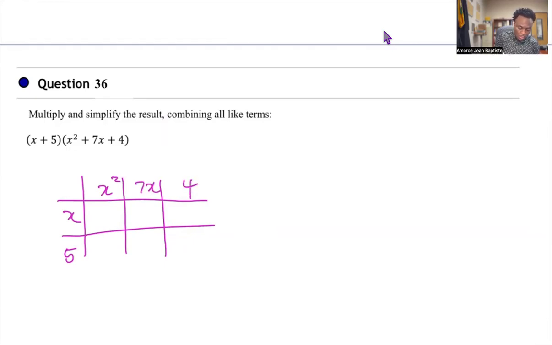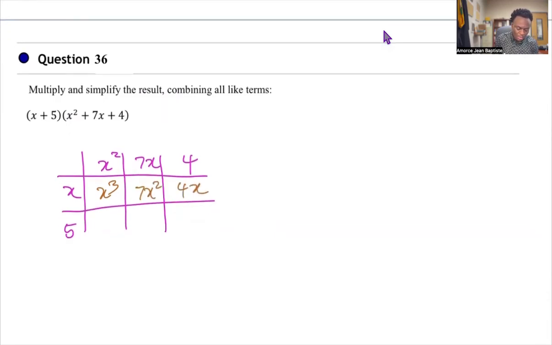I'm going to change the color to perform the operations. So x times x squared is x cubed. X times 7x is 7x squared. X times 4 is 4x. 5 times x squared is 5x squared. 5 times 7x is 35x. And 5 times 4 is 20.